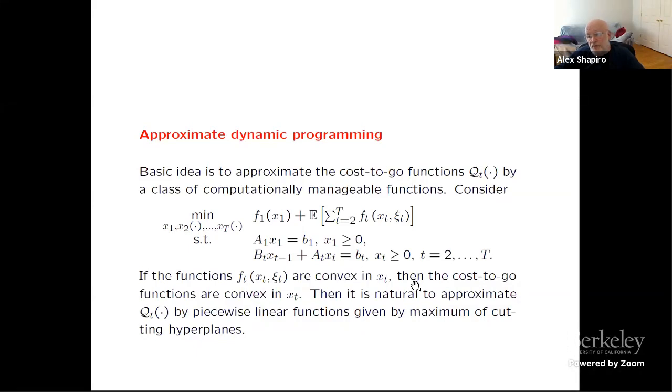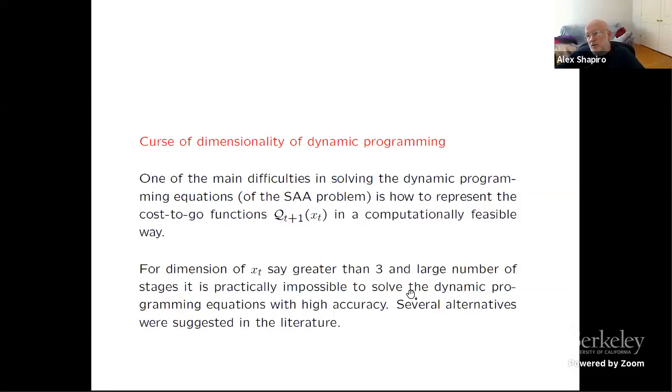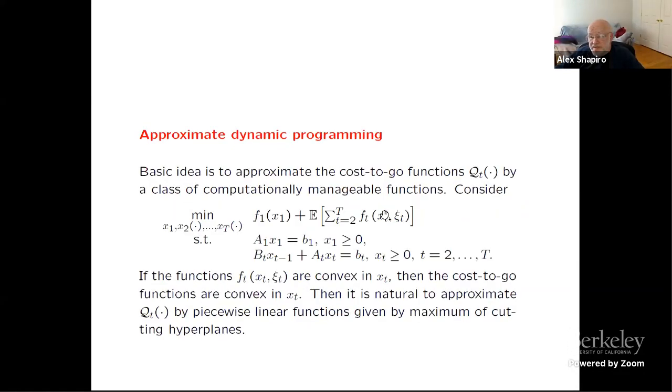Now, so the strong indication is that, generically, multi-stage computational problems are intractable, even if one wants to solve them with not very high accuracy. Okay? So what can one do realistically?